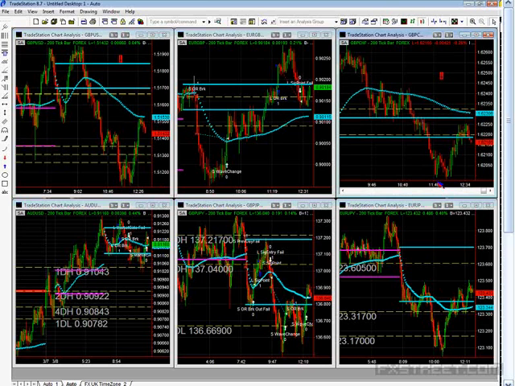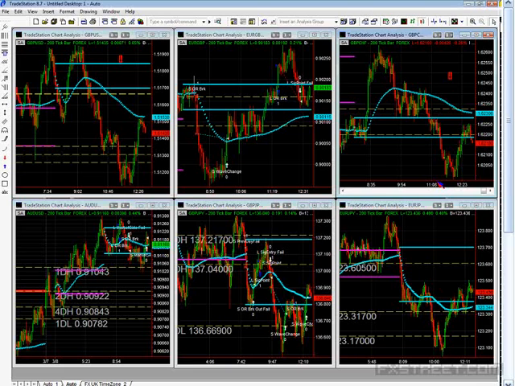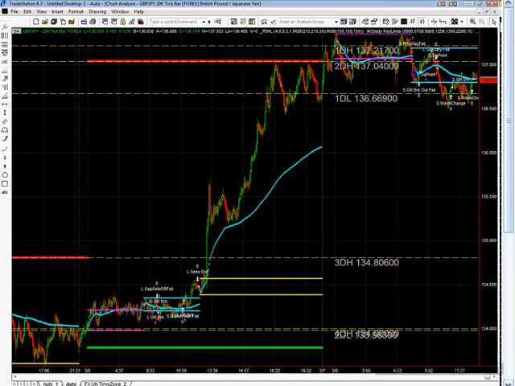So I have two kinds of weakness in the pound. I also want to take a look at the pound yen. If you look at the pound yen, again, the move is to the upside, and in London the market also has reversed. So we're getting a general weakness in the pound as a whole.